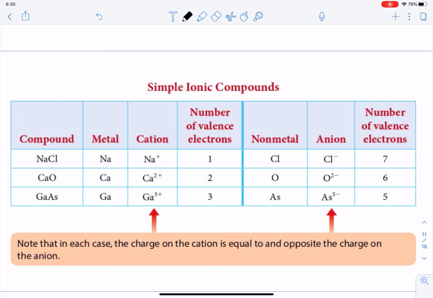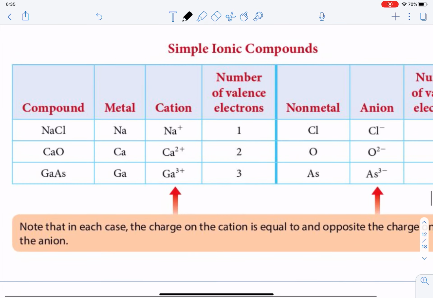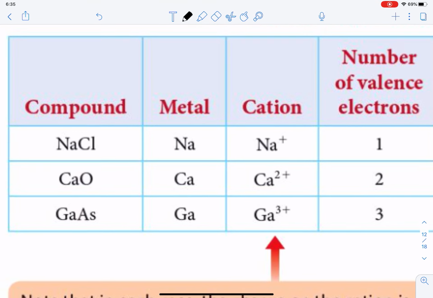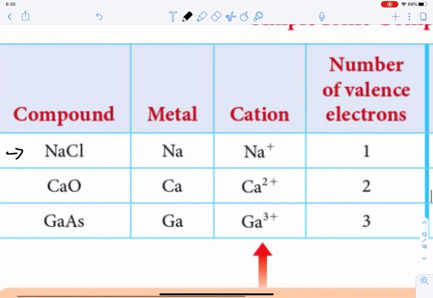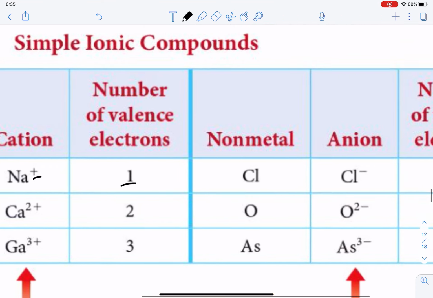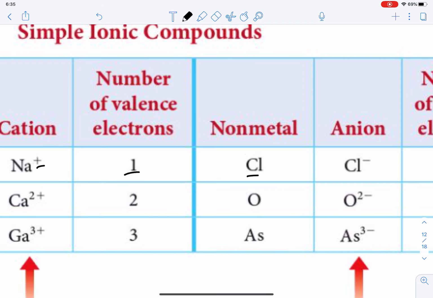If we take a look at this simple ionic compounds table, we can look at a few things. Let's just start on the left side. Okay, so we have sodium chloride to start. If we look on the first row, sodium wants to form a +1 charge because it has one valence electron. It wants to lose that electron. Chlorine has the opposite problem.